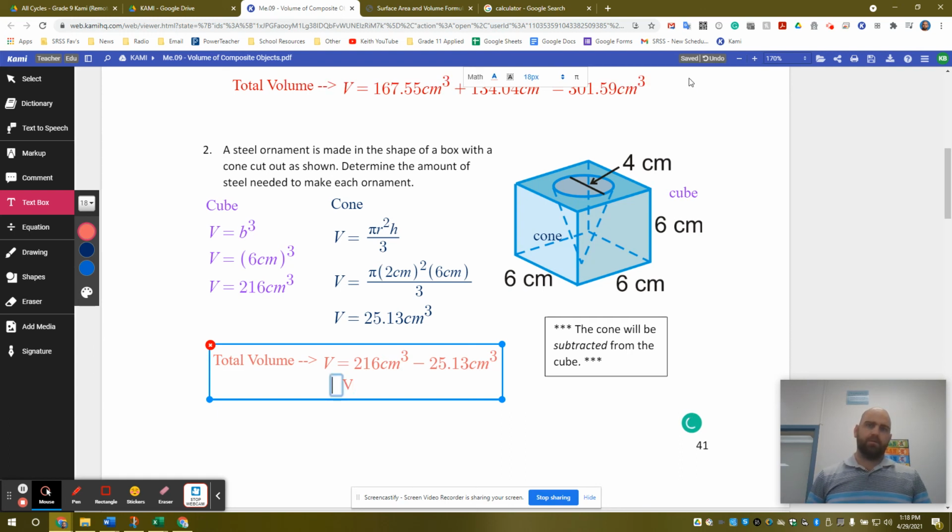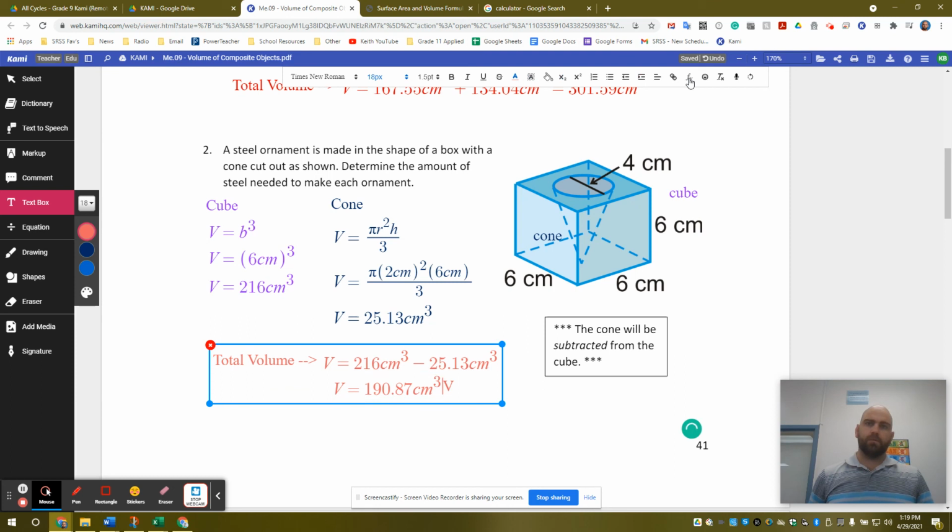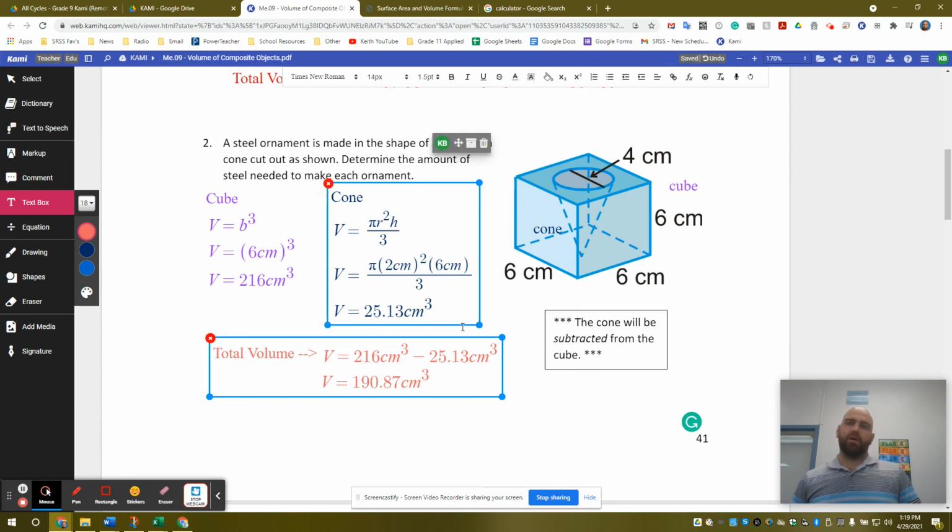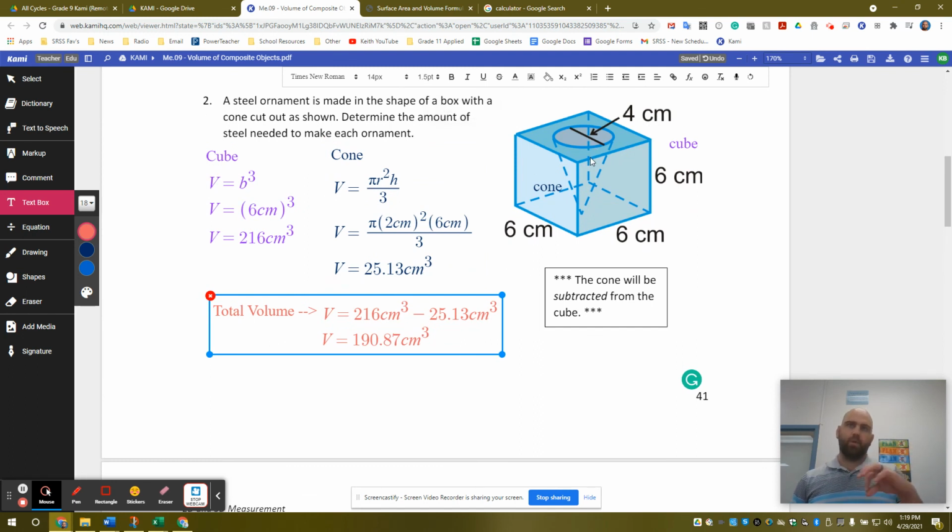Volume is equal to 216 minus 25.13, and this is 190.87 centimeters cubed. There we go. We got it nicely lined up there. So that's then our total volume. In this case here, we needed to subtract. In the previous one, we needed to add due to the fact that they are combined, or taken out.